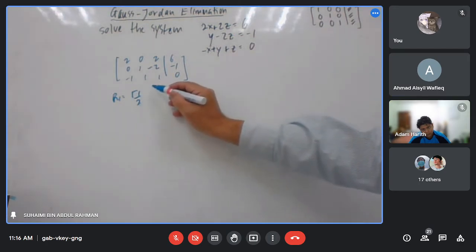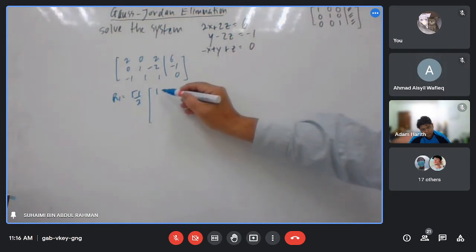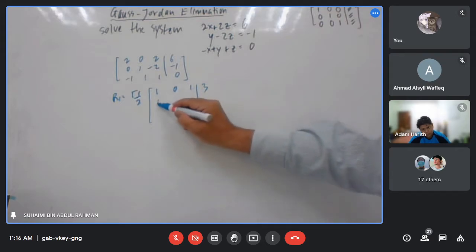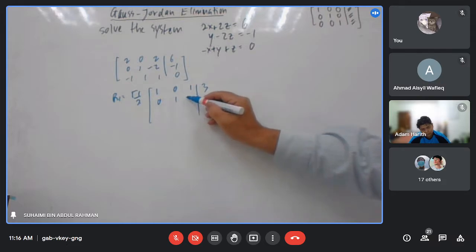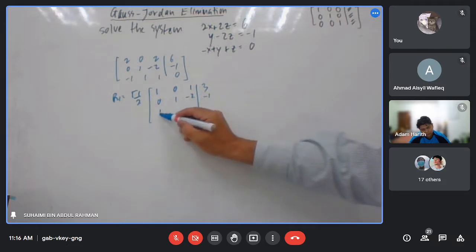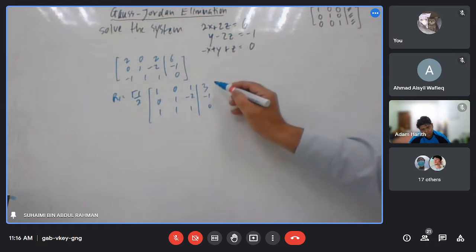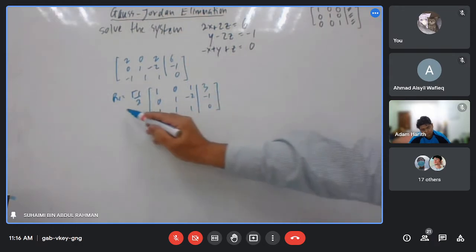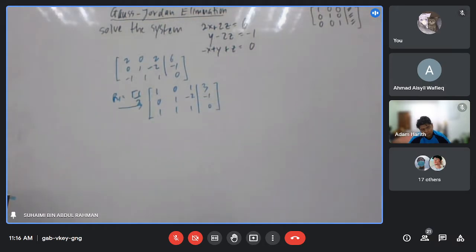R1 divided by 2. Okay: 1, 0, 1, 3; 0, 1, minus 2, minus 1; minus 1, 1, 1, 0. Divide by 2 can, because it is one of the elementary row operations. As long as the operations we choose are elementary row operations, we can choose.